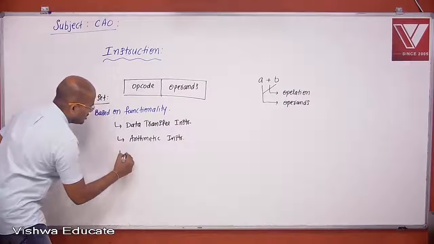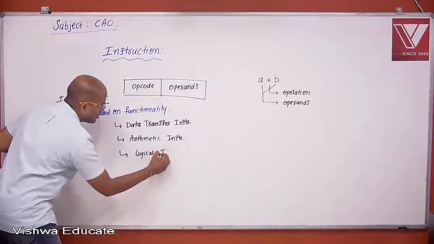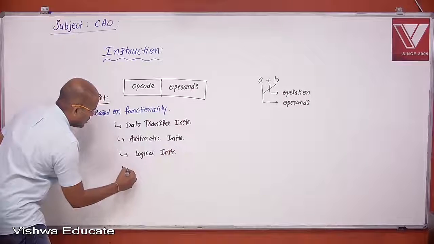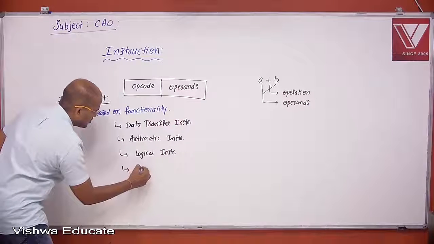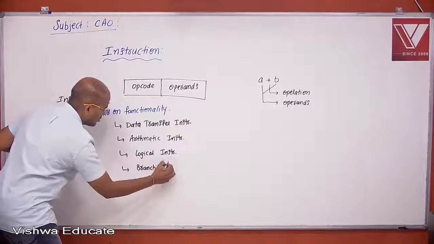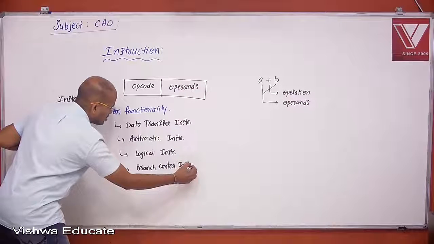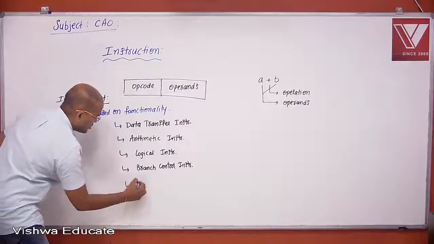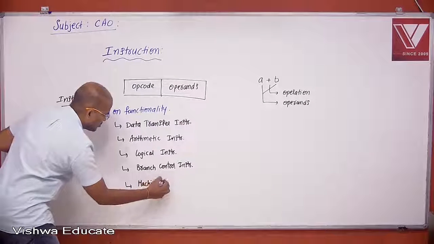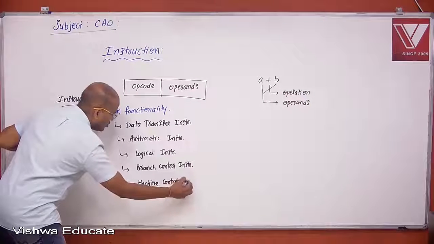The third one is logical instructions. The fourth one is branch control instructions. The fifth one is machine control instructions.